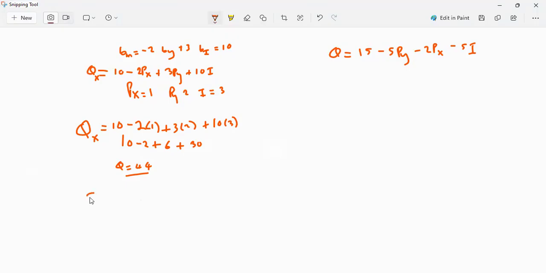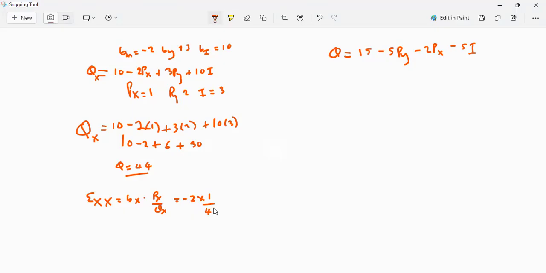So to find elasticity, own price elasticity is x on x. That is simply the gradient for x times the price for x over the quantity of x. So what is our gradient for good x? Minus 2. The price for good x was given as 1. And the quantity we just calculated as 44.